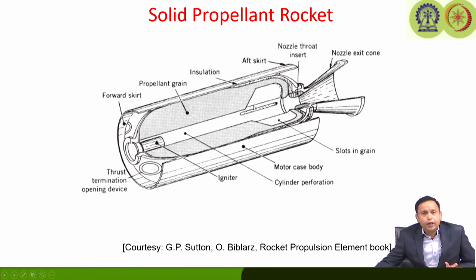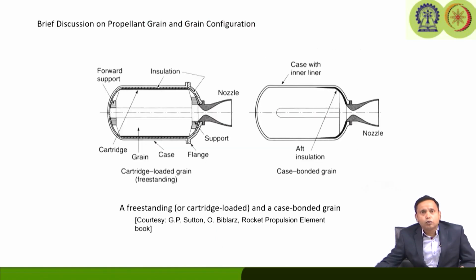We can make the grain separately in a processing setup and put the cured grain inside the motor casing, or rather we can load the grain inside the motor casing, or we can directly cast the grain within the motor casing itself. So, based on these methods of holding the grain, they are categorized into two types of grains. One is called cartridge loaded grain, sometimes also termed freestanding grain.